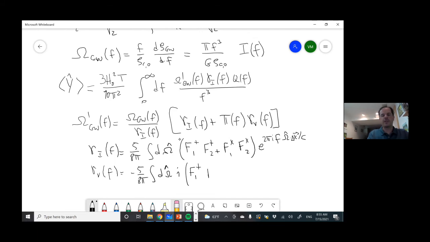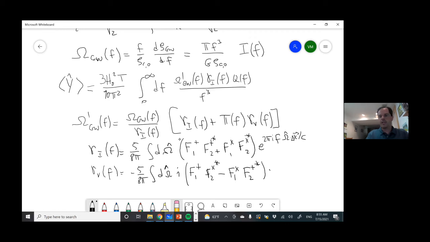So we have F1 plus F2 cross, and sorry, I forgot the stars, so some of these will have to be starred. Complex conjugation, minus F1 cross times F2 plus, and then we complex conjugate that one.